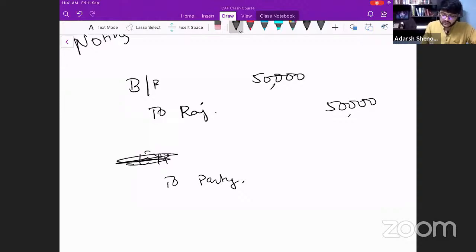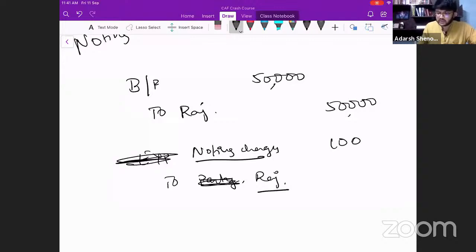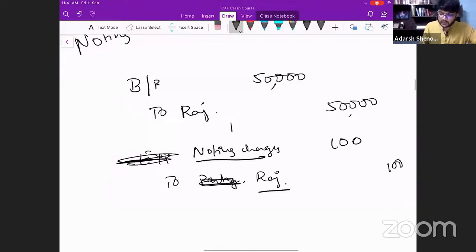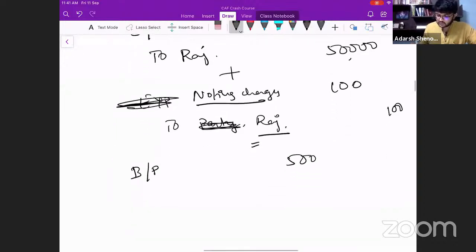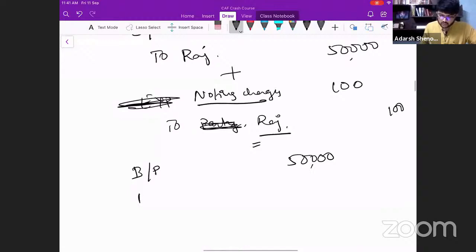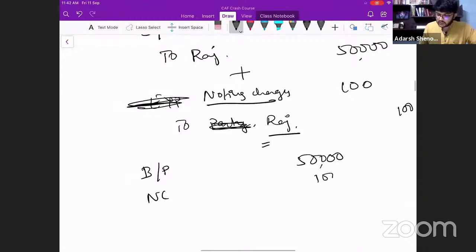So here, what is this expense? This is noting charges. Who's paying this expense? The party name is Raj. So noting charges to Raj. This is 100 rupees. So we combine this together and we write bills payable 50,000, noting charges 100, to Raj 50,100.